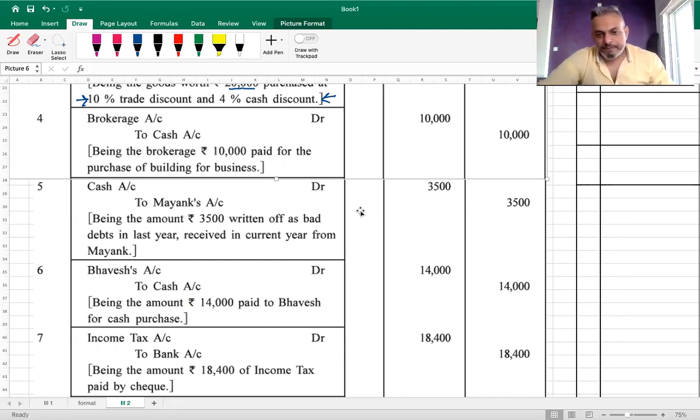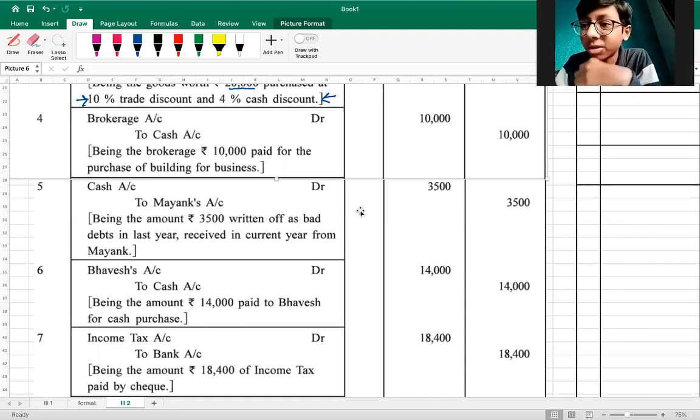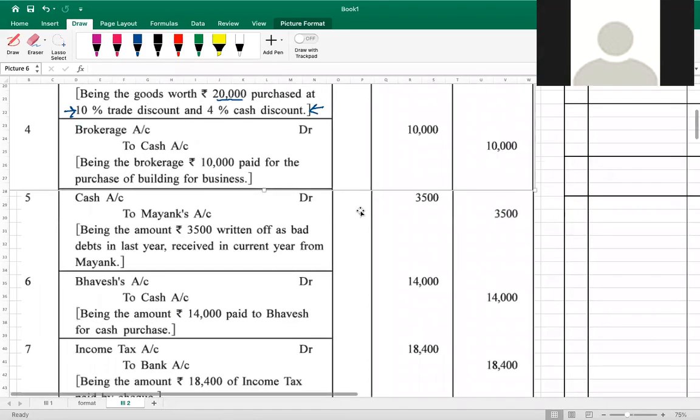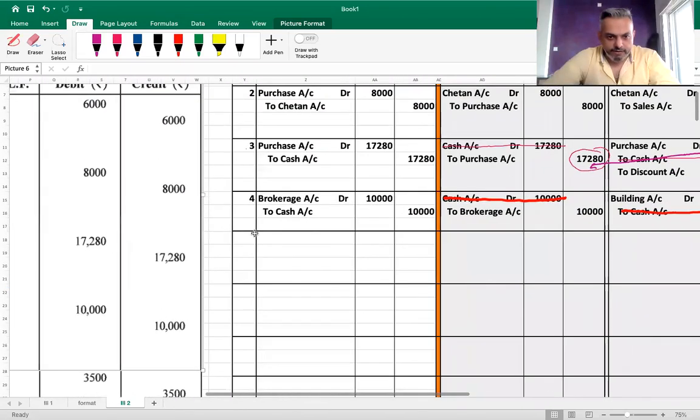तो यहाँ पे करेक्ट एंट्री क्या आएगा? What will be the cash account to bad debts return account? Bad debts return or bad debts recovery account? So let's write the wrong entry.